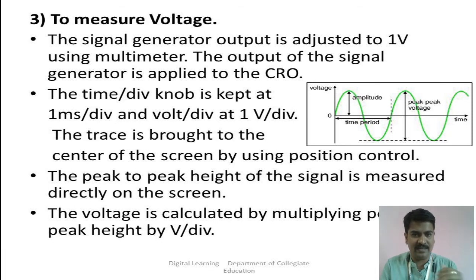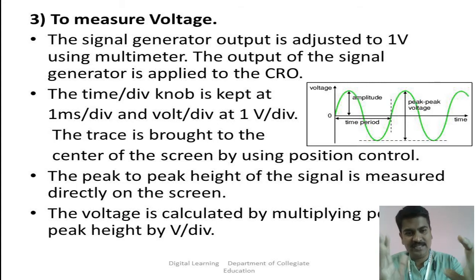The peak to peak height of the signal is measured directly on the screen. It is a vertical measurement, so this is a measurement along the Y axis, not a horizontal measurement. From this peak to this peak, we are measuring the distance.